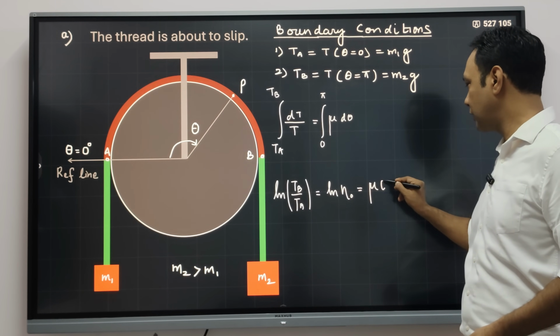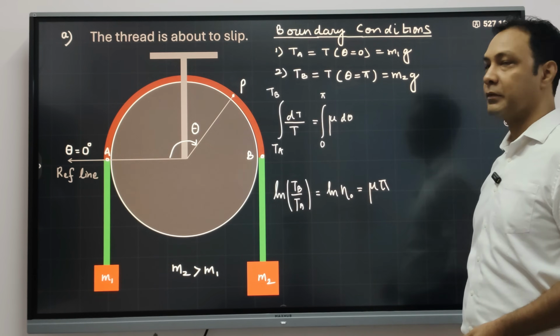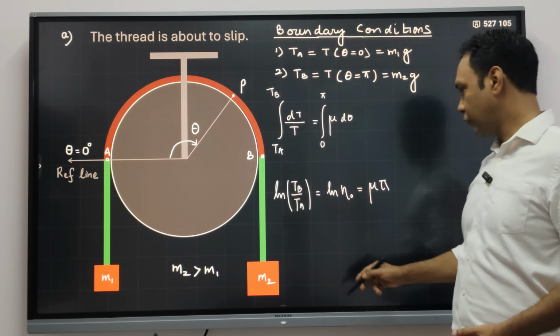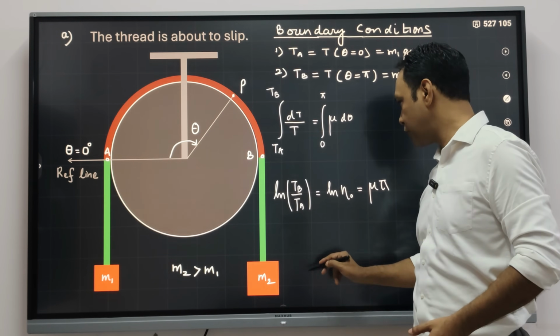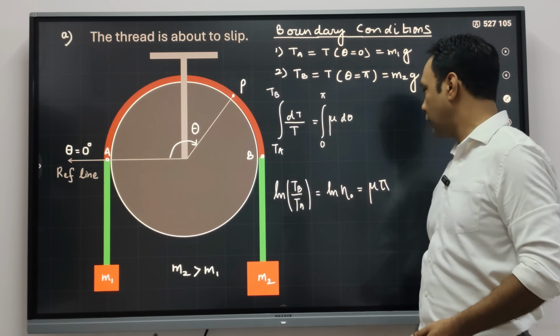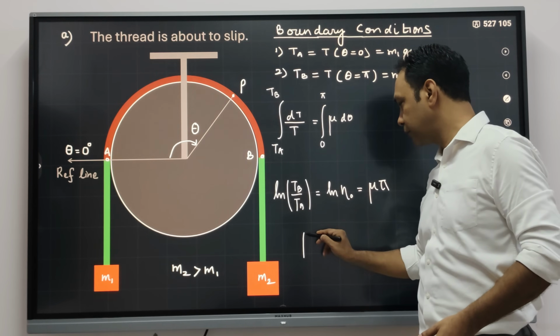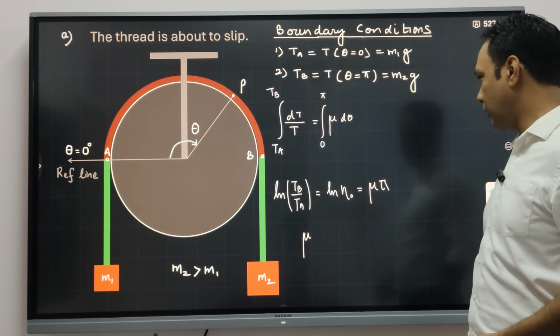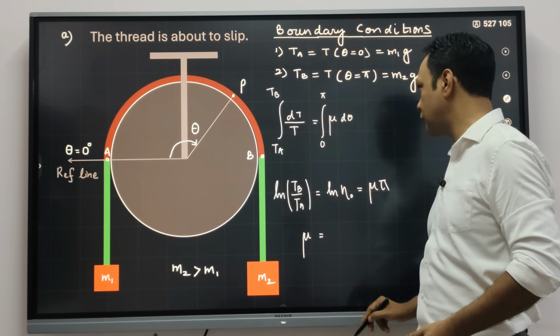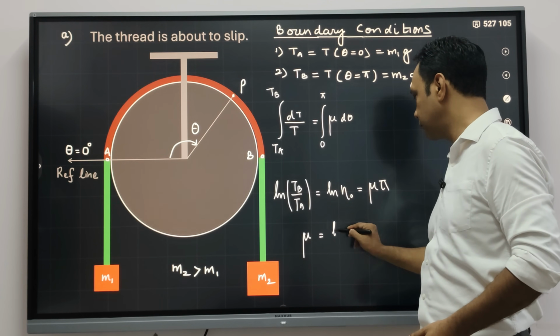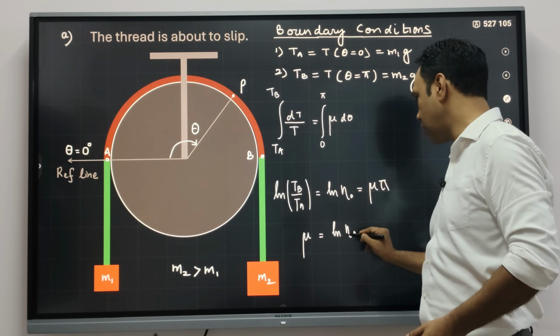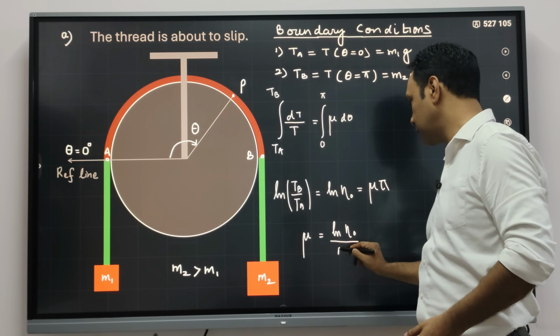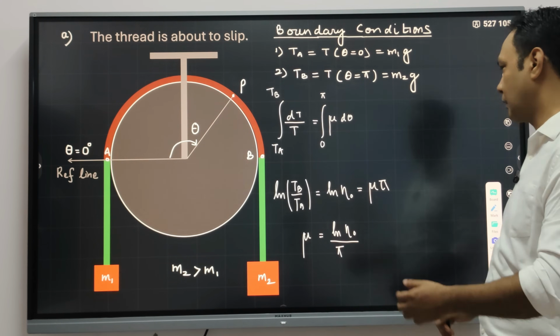If you put the theta element, that will become pi. So we got mu is equal to ln eta naught by pi.